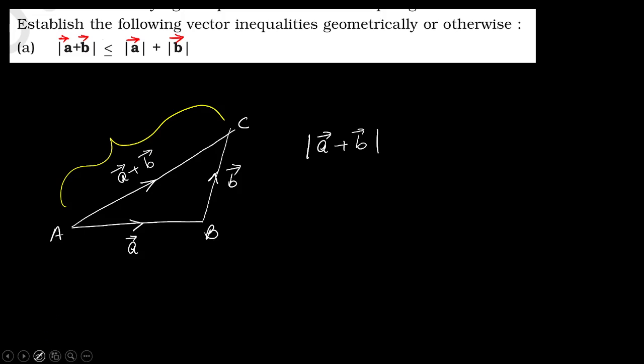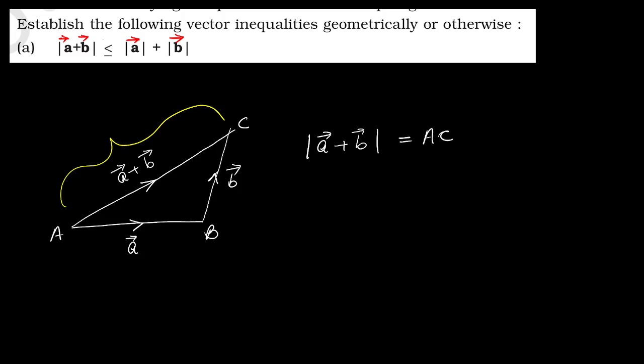Let the triangle be ABC. What is the magnitude of A plus B? It is simply the length of that vector, the length of the side AC. The magnitude of a vector is simply the length of that vector.